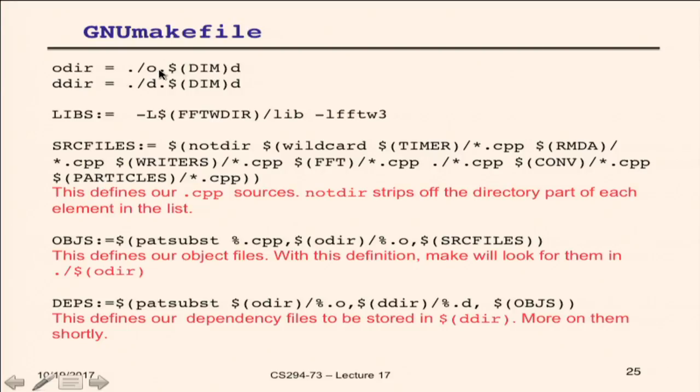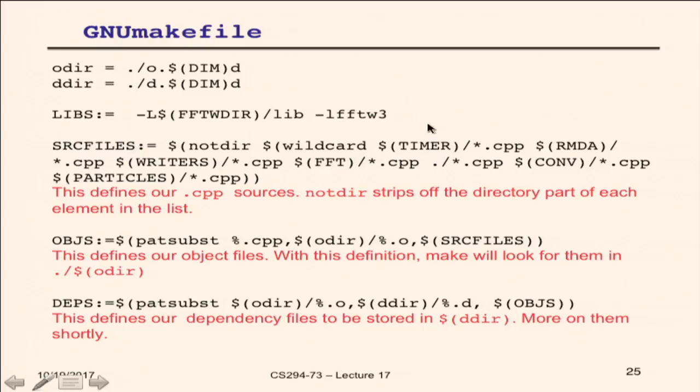Notice it's O dot the value of dim, and D dot the value of dim, so that would be O.2D. Ultimately, I'm going to have to find some way to set a directory to be that name in my current directory, in my exec directory. Similarly for D. The only library I have is the FFTW library, for FFTW3, and I have the library flag set there.